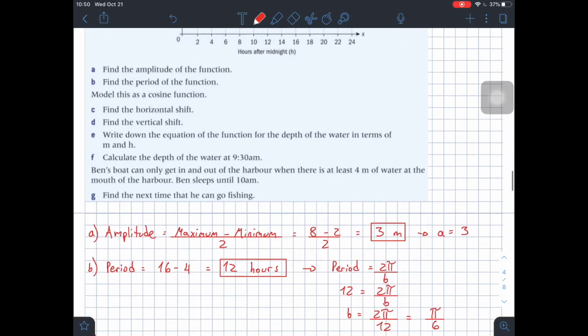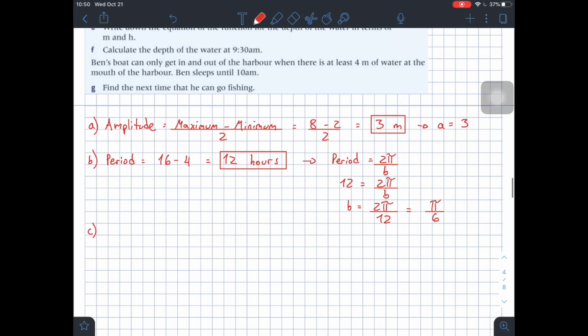Okay, so if we move on here, we know that if we consider a cosine function, we can see that the function is translated 4 units to the right.